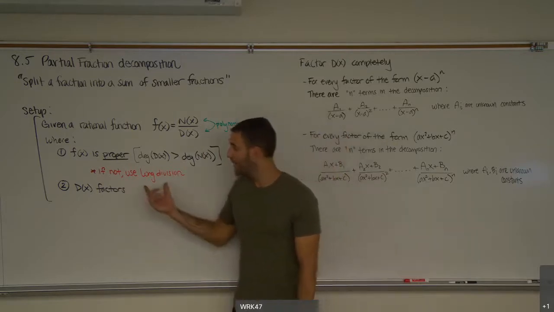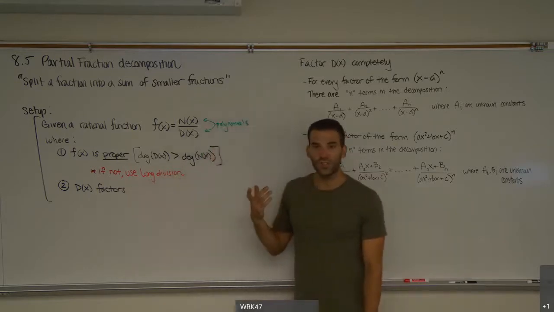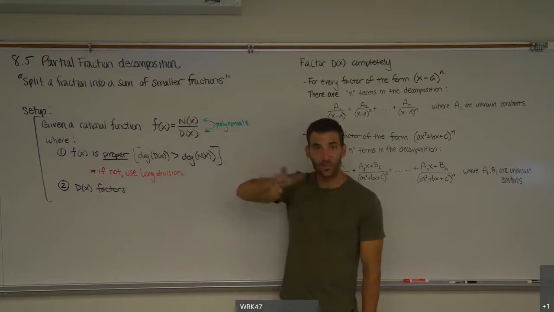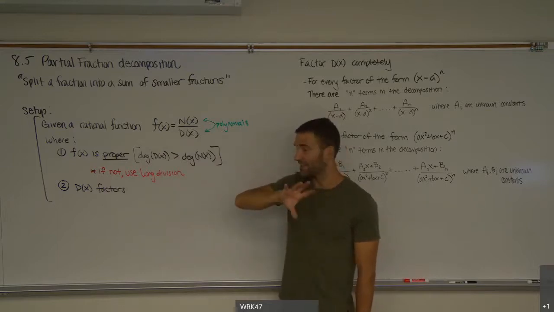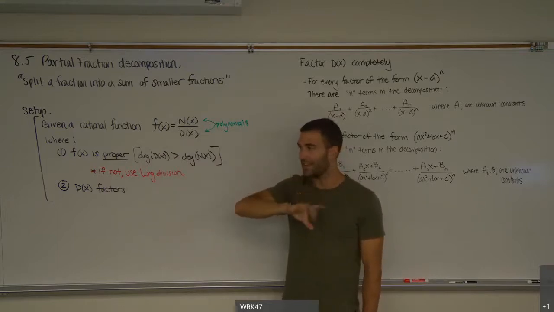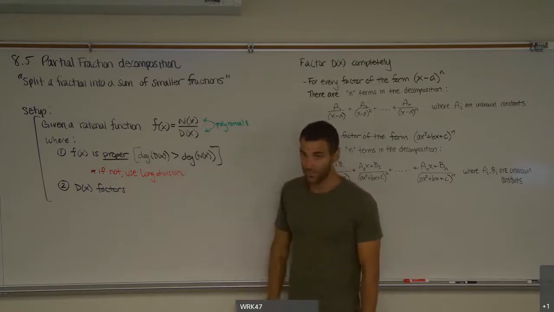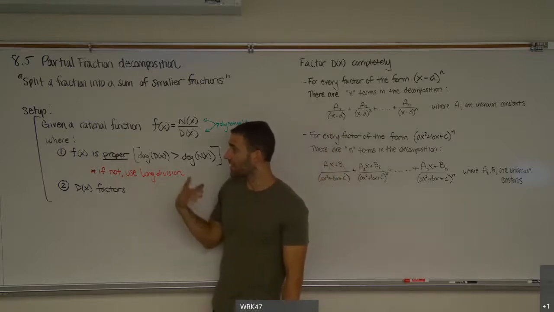So if not, you need to use long division to simplify it. You'll get some sort of quotient out that you can pull out, and then a remaining fraction, your remainder fraction, if it doesn't divide evenly. In that case, that fraction will be proper, and then we can proceed with the remainder fraction. And so we want to make sure our fraction is proper.